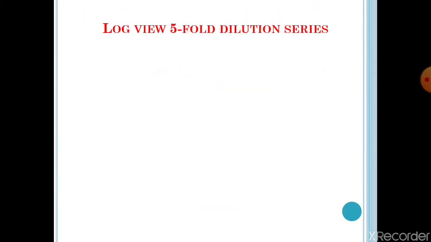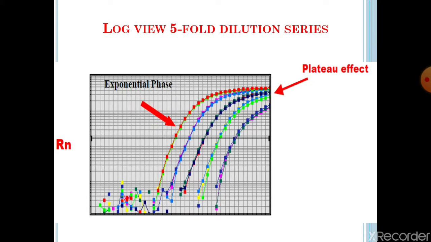Now to understand it even better, let us see the log view of a 5-fold dilution series. In the log view of the 5-fold dilution series, the plateau seems to occur at the same place, even though the exponential phase clearly shows differences between the points along the dilution series. Can you see the graph?